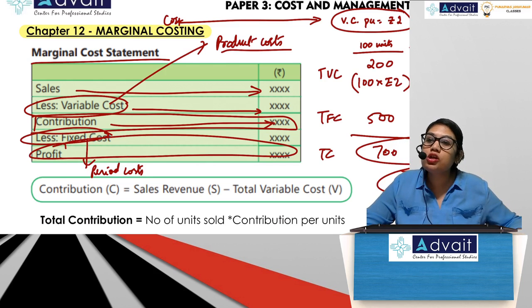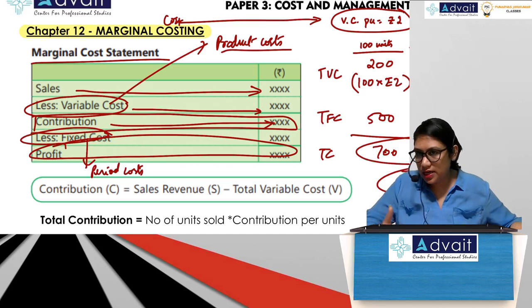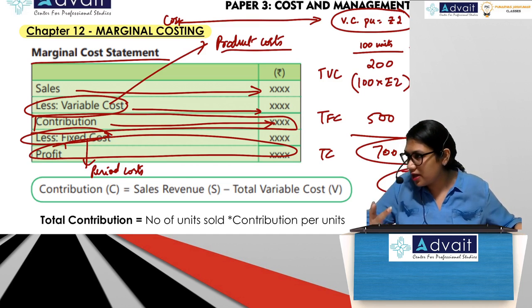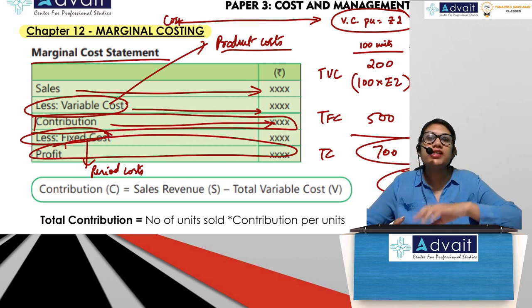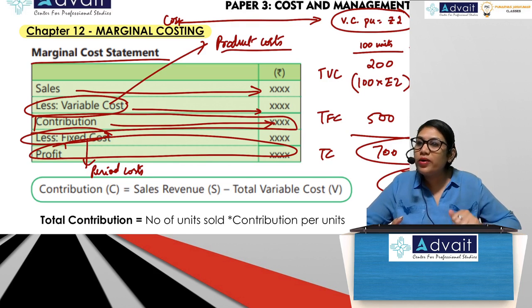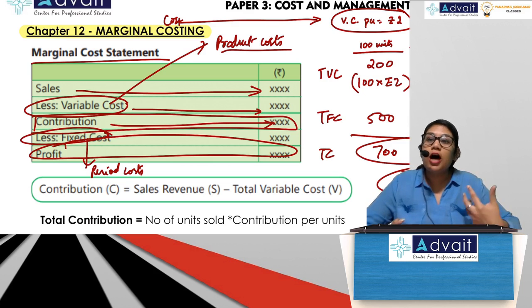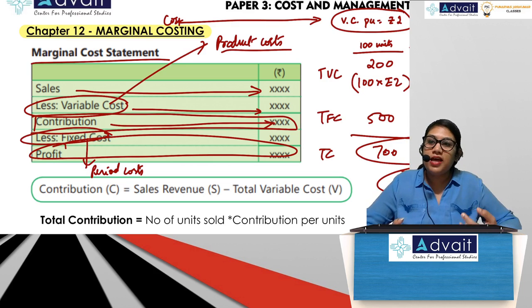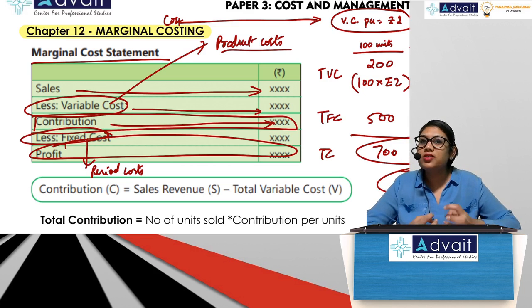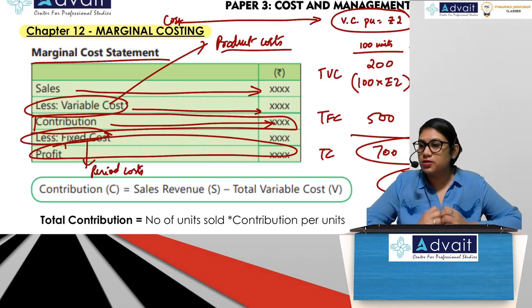So the marginal cost statement starts with sales. You remove variable costs, you get contribution. Contribution is like a pool of funds. Why do we need that pool of funds? To recover our fixed costs. And once those fixed costs are recovered, then the organization calculates its net profits.